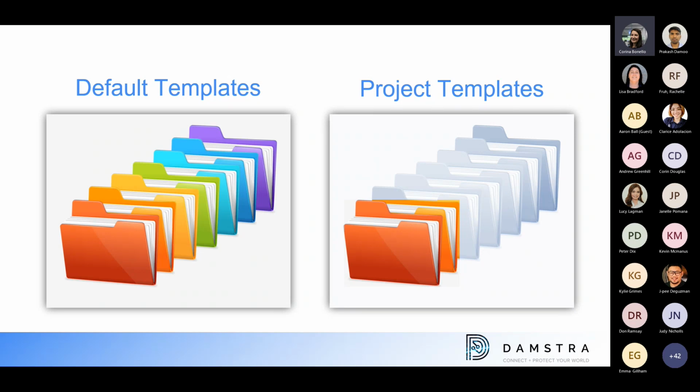So whenever a new project is created, I just want that form to automatically be on the list of forms that people use. Or the other way that you can release forms is I can release a form just to a specific project. So I'm going to show you how to do both of those ways today. So how we make it a default, or how we release it just to a specific project.